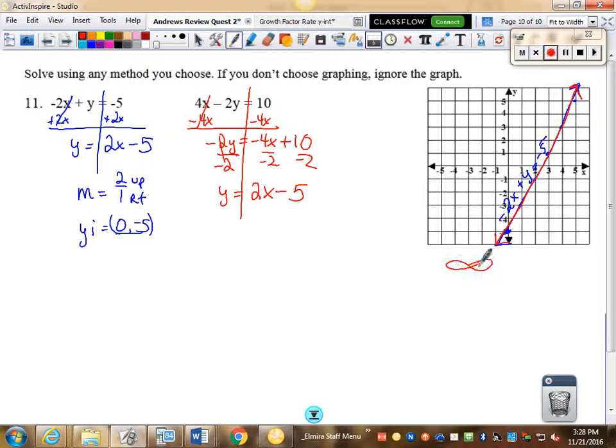And I get infinitely many solutions. That's okay. Your quiz won't necessarily do that.